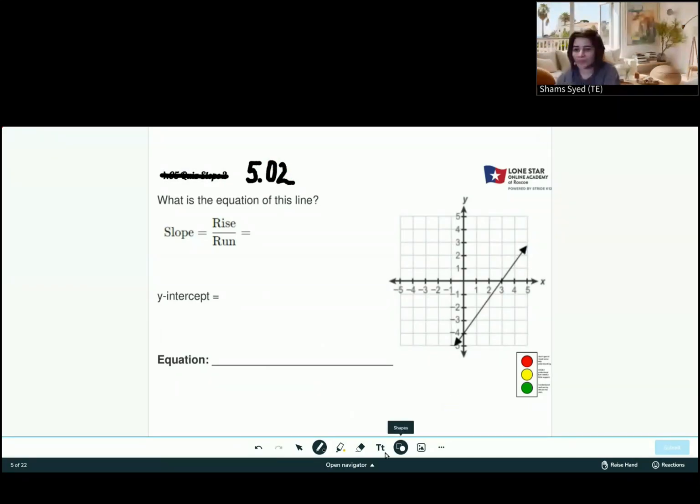Due today. So we want to write the equation in the form y equals mx plus b. M being the slope, b is the y-intercept. Can you guys locate the y-intercept with a red dot?